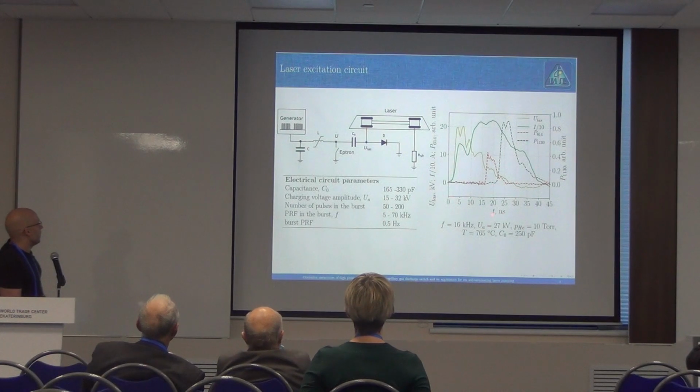Here are the waveforms for a barium ion vapor laser. The duration of the lasing was about 5-7 nanoseconds on the base.